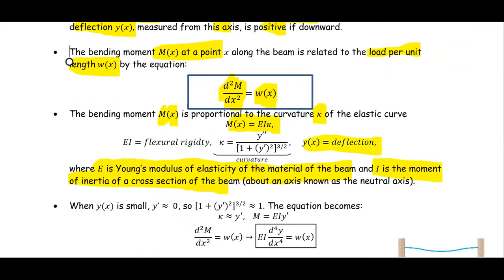As a consequence of the theory of elasticity, when the deflection is very small, y prime is small compared with the unity 1, so we assume y prime is 0 and the y prime term is gone. The curvature k is approximately equal to y double prime.